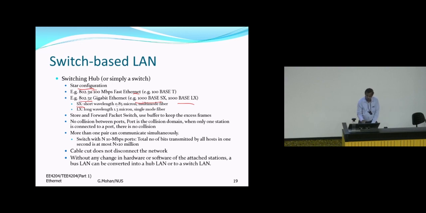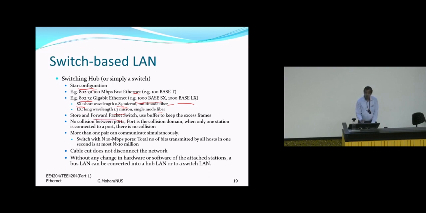And 0.85, 1.3, we can use the Ethernet or SONET and other things. So the operating wavelength 0.85 is a short wavelength. 1.3 is LX. Short wavelength uses multi-mode fiber. Single mode fiber is used with the standard 1000 base LX.